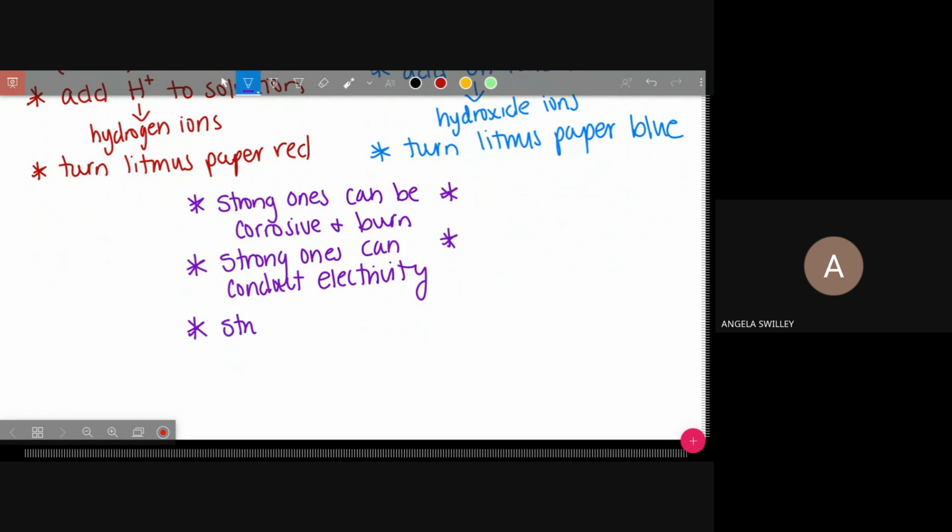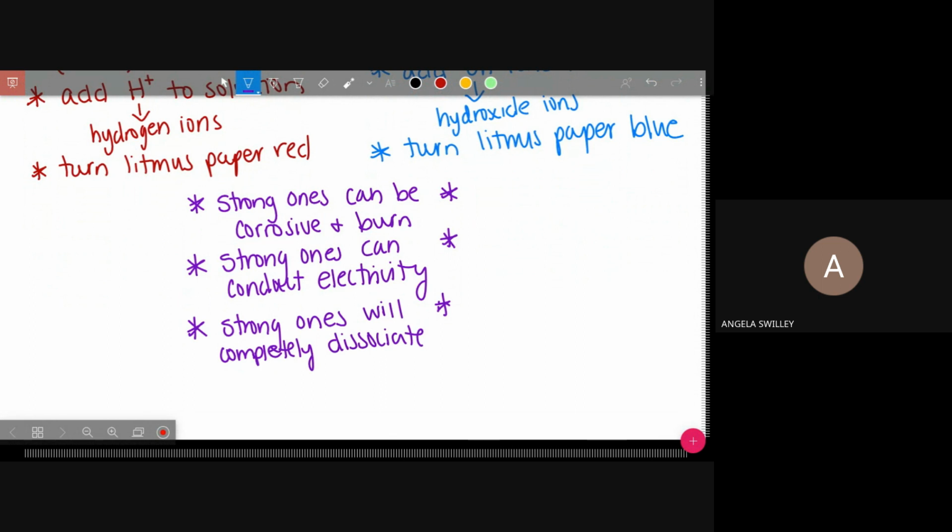Another thing that they can both do, strong ones will completely dissociate. And that's what I was talking about earlier. If I say that I am completely dissociated from Lowndes High School, what does that mean? Yep, I don't deal with them anymore. I'm gone. I've left.